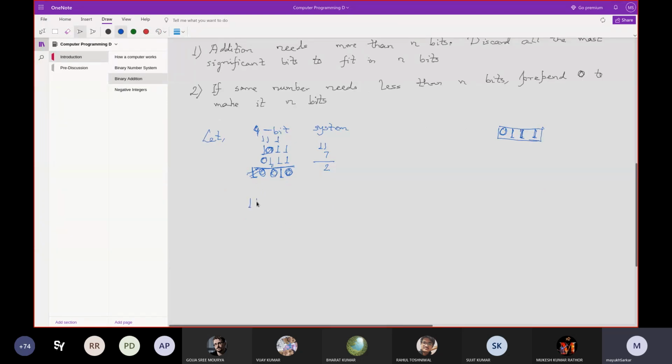The maximum number is 1111, all bits as 1, right? 15. Yes, correct. 1111 is 1 plus 2 plus 2 square plus 2 cube, that means 2 to the power 4 minus 1, and that is 15.